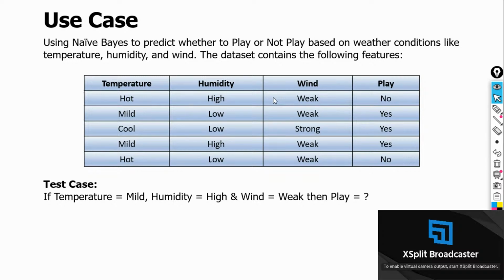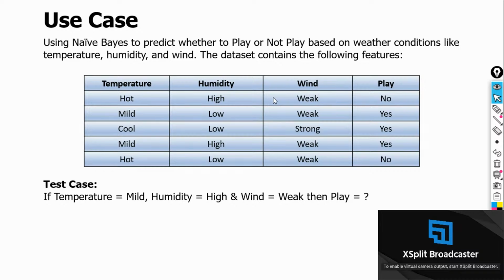So friends, here is a use case. How many features do you see? How many columns do we have? I want everyone to interact. Don't sit silent. How many columns do we have? We have four columns.